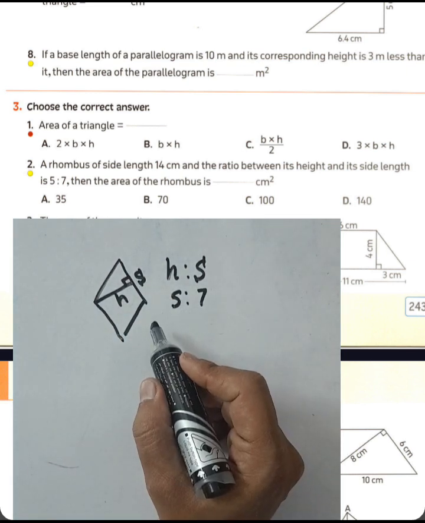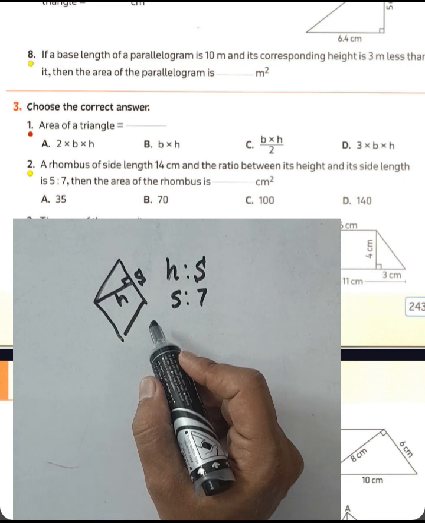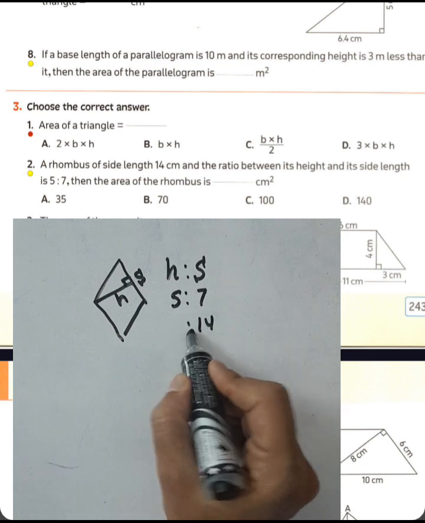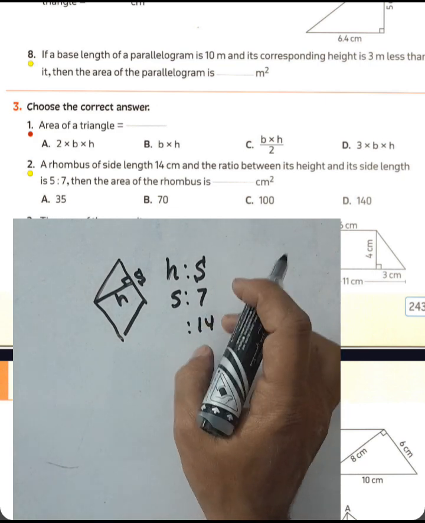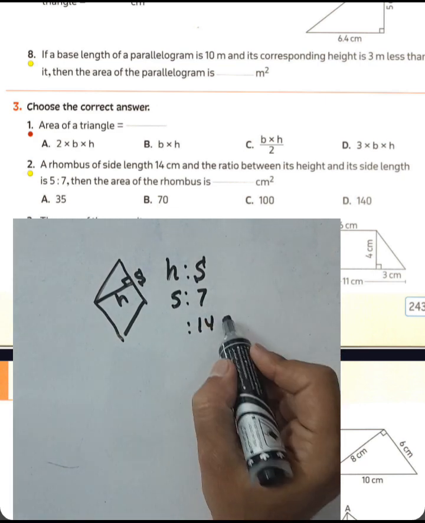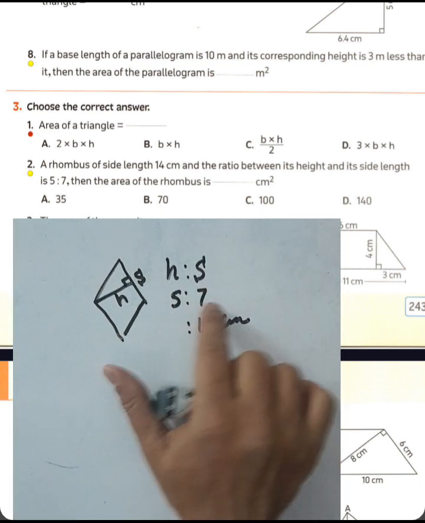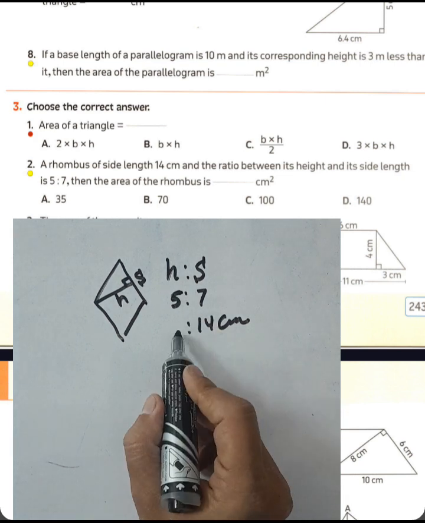And he asks us for the area if the side length was 14 centimeter. If the side length was 14 centimeter and the ratio between height and side is 5 to 7, then the height will be what?